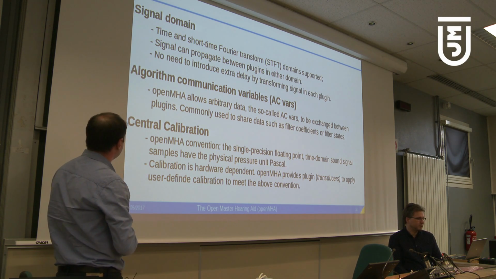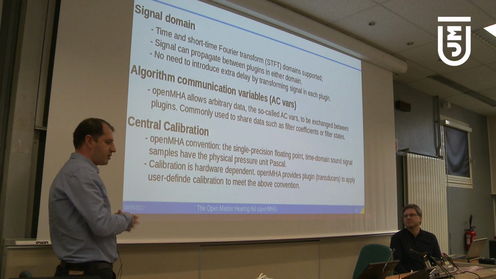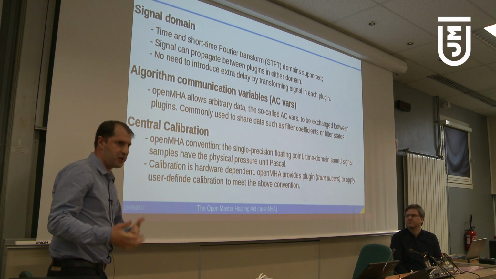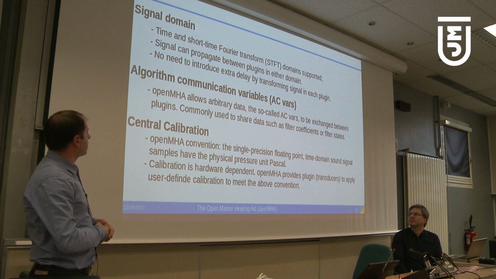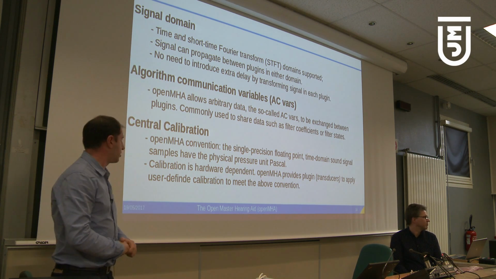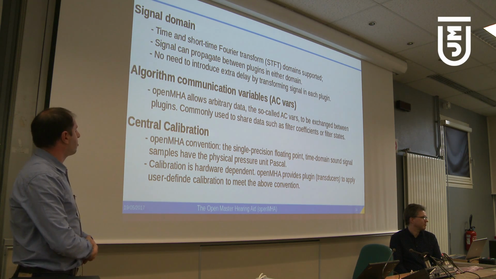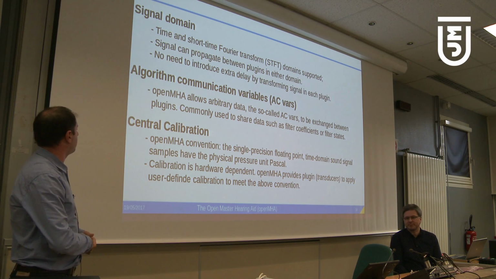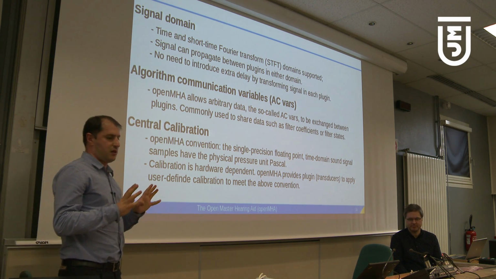An important thing is communication between the algorithms. Since we have this chain of algorithms used to achieve a certain method, we need some sort of communication between them, and this is achieved by the so-called algorithm communication variables, commonly shared, like filter coefficients, for example. Also, we provide a very important plugin which facilitates calibration.